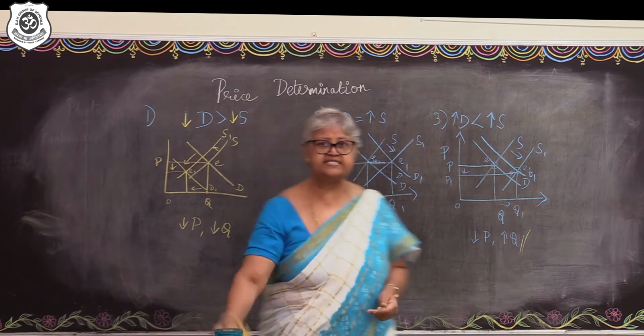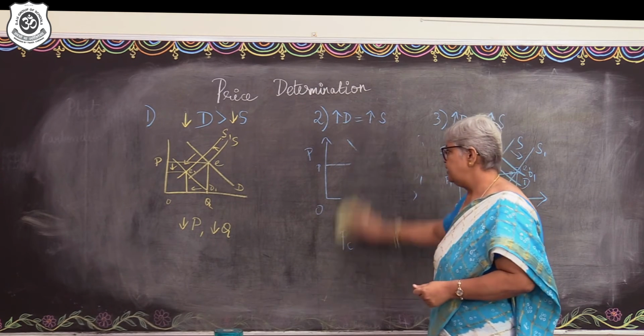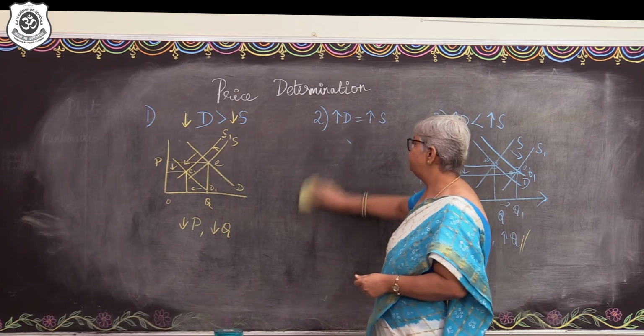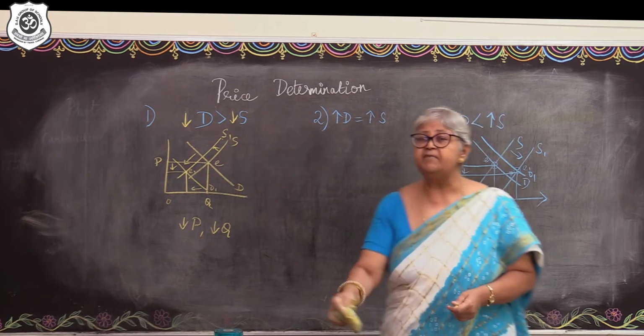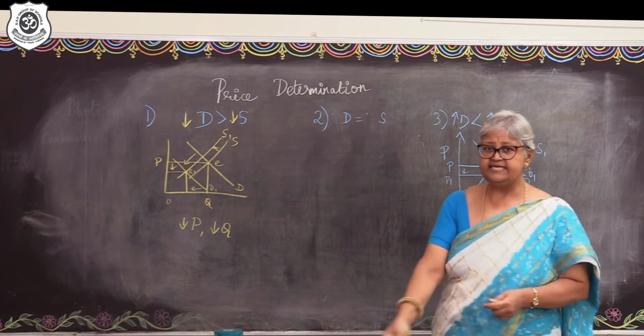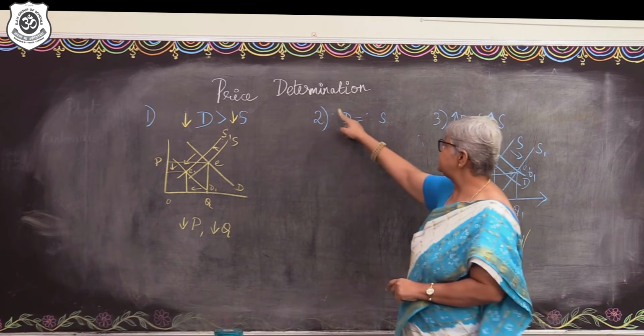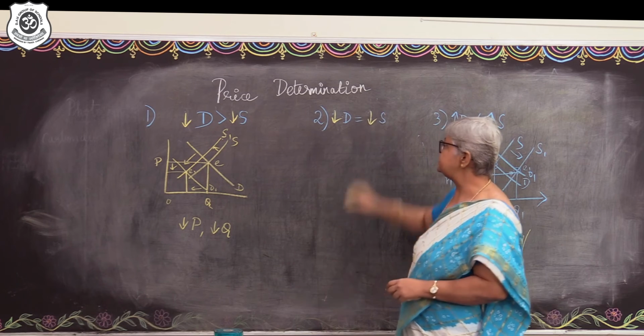So that's one case. Then, the next case can be such that the fall in the demand will be simply matched by the fall in the supply. Yes? Decrease in the demand is going to be matched by a decrease in the supply.